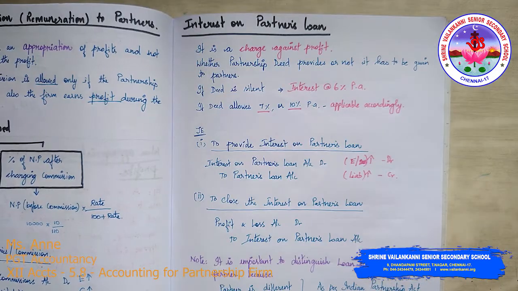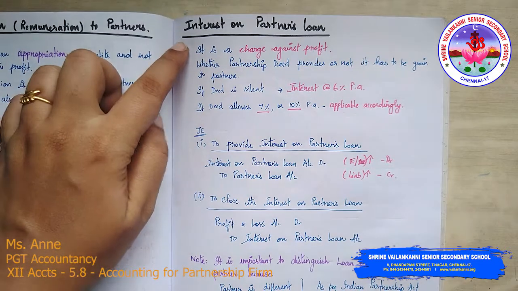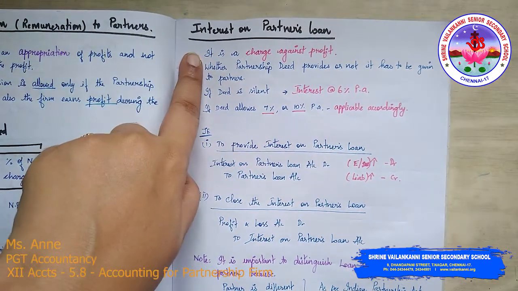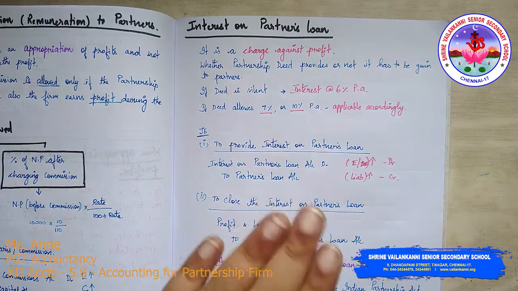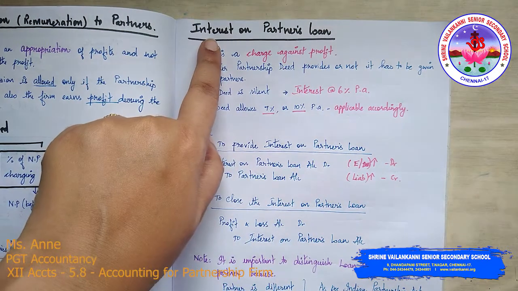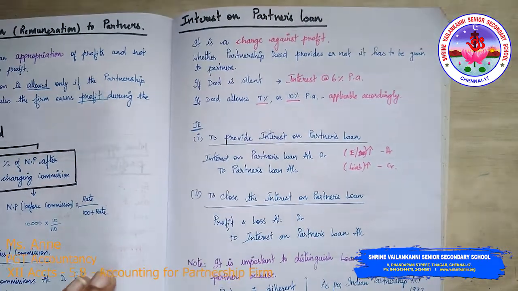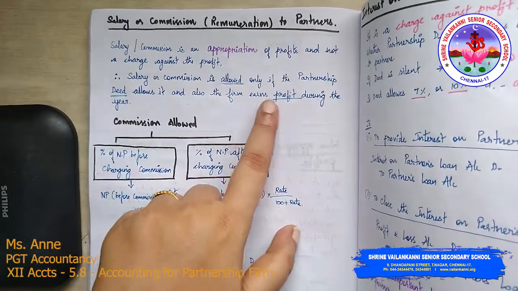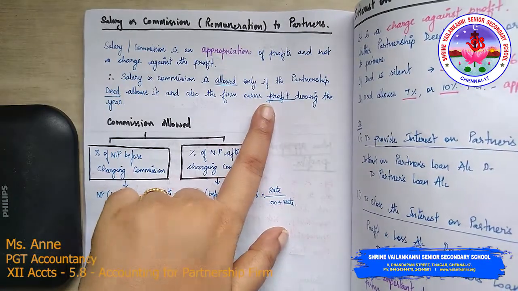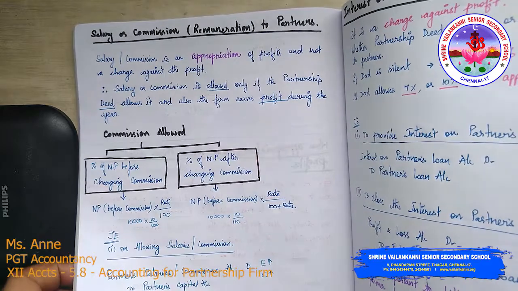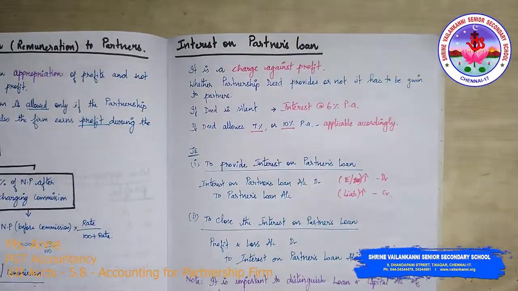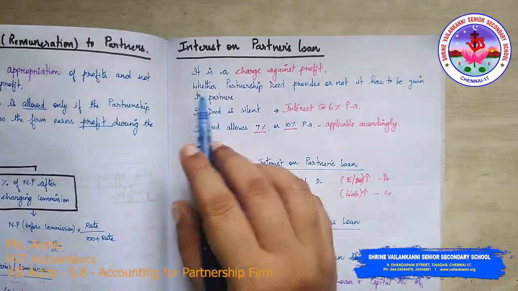This is another recap, interest on partner's loan. See, interest on partner's loan is a charge against the profit. Whether there is profit or not, you need to pay the interest on partner's loan. But salary and commission, only if you have profits, you can pay. Here interest on partner's loan is a charge against the profit.